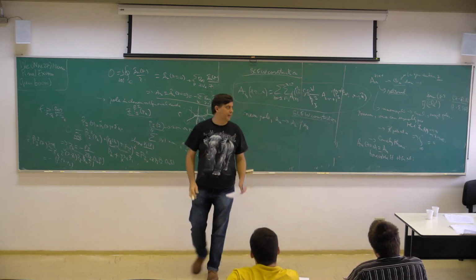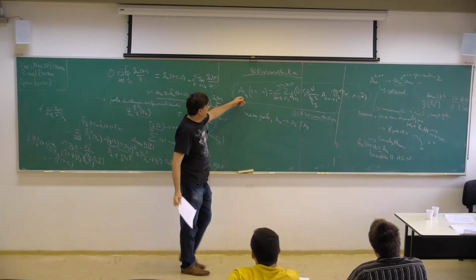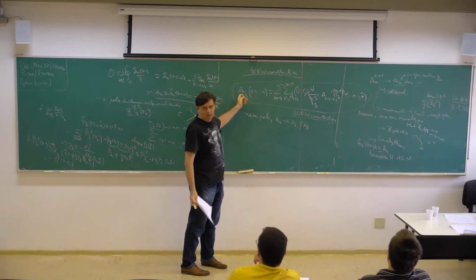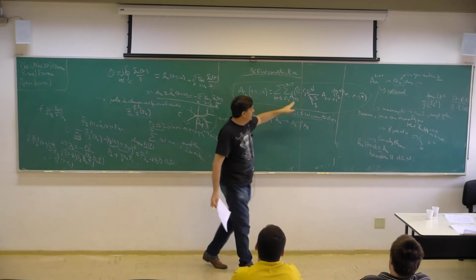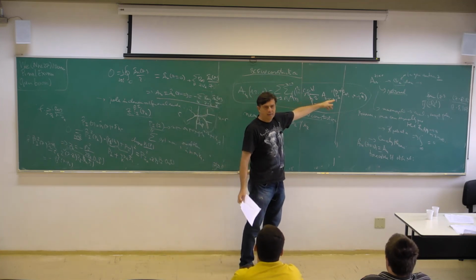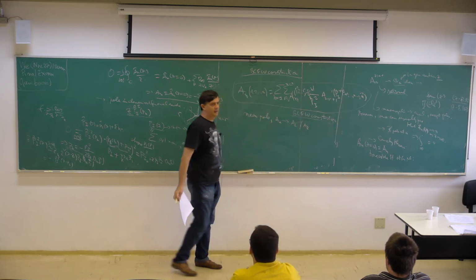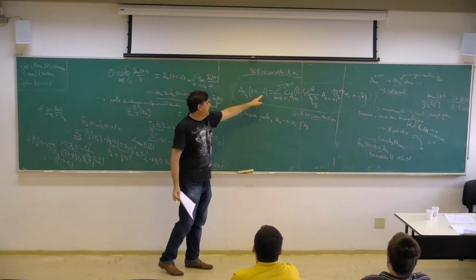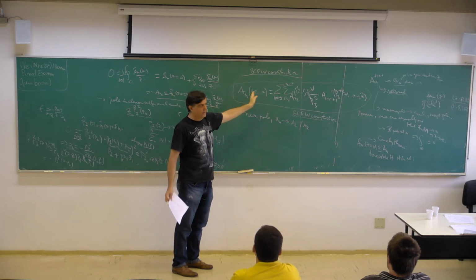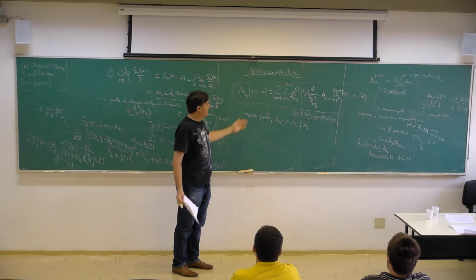It's a way to calculate n-point amplitudes, knowing all lower point amplitudes up to n minus 1, right? Now, in principle, I haven't said what the helicities are, so this is valid for all helicities. So this is a general construction.